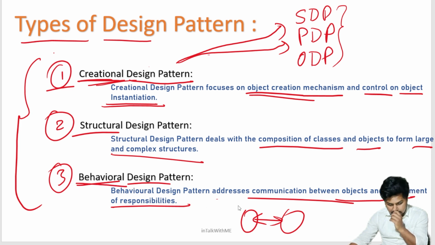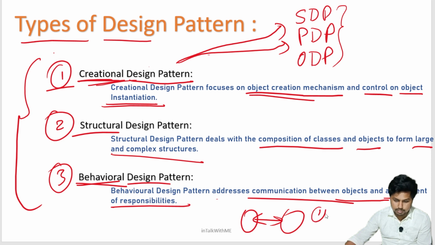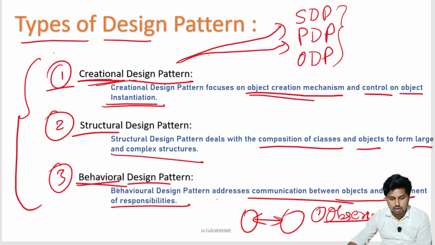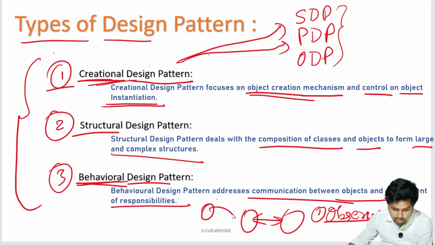For example, we have the observer design pattern, which comes under this behavioral design pattern. What observer design pattern actually does is keep an eye on an object, and whenever things become available, it will go ahead and notify.